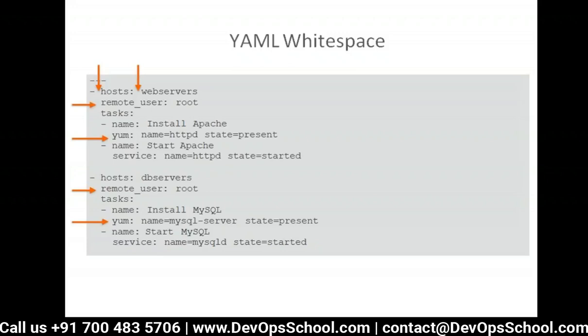So I could see a host is web server, that is a group in the inventory, and the task has all the modules. That remote user, what do we call that? This typically we call as a playbook variable, but these are constant variables which cannot be changed.